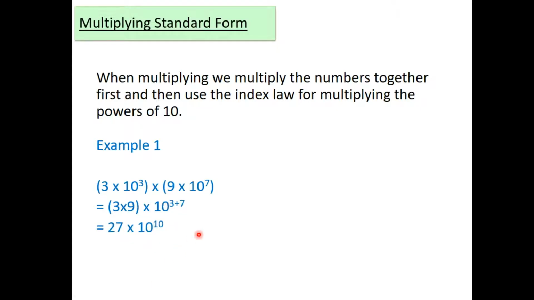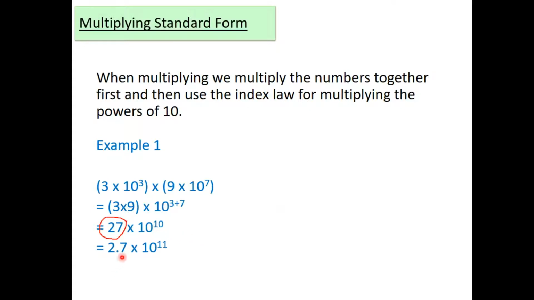Now the only problem with this is this is currently not in standard form because that number there is bigger than 10. As I explained to you yesterday, for an answer to be in standard form, it has to be between 1 and 10, or less than 10. In other words, I'm going to need to now move the decimal point one place to the left here, which will make it 2.7.